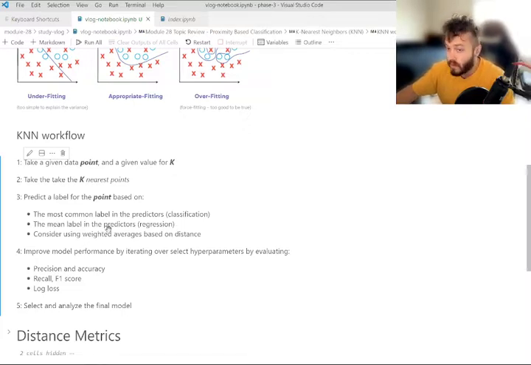With either one of those, you can do a k nearest neighbors algorithm, and you probably should at some point as you iterate and improve your model use weighted averages based on the distance. So basically, the further away a data point is from the data point that you're trying to predict, the more it's going to penalize how much that data point contributes to the average.